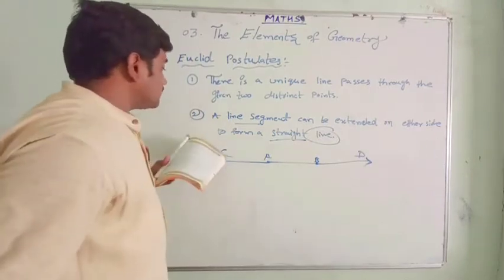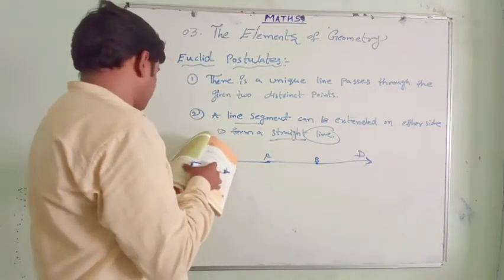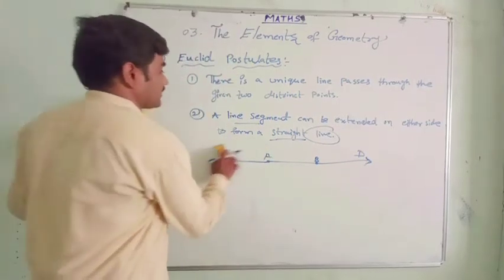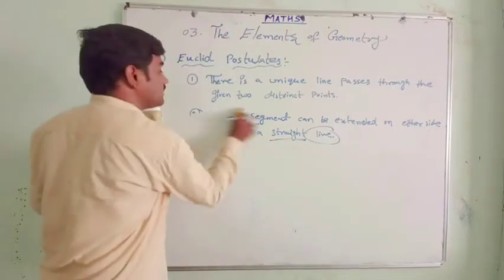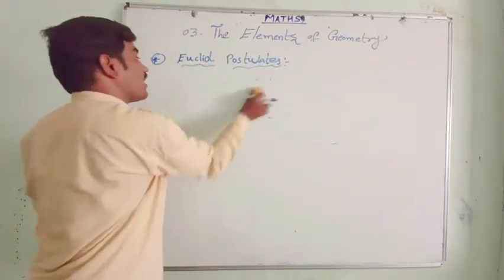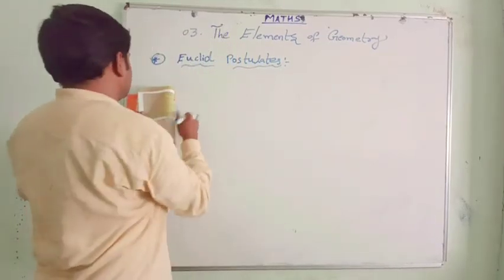Now the third postulate: we can describe a circle with any center and radius.